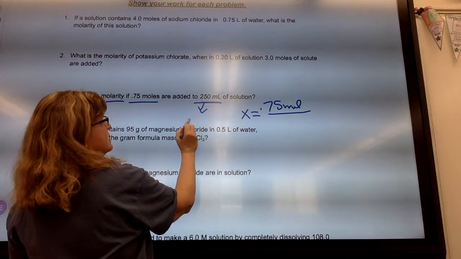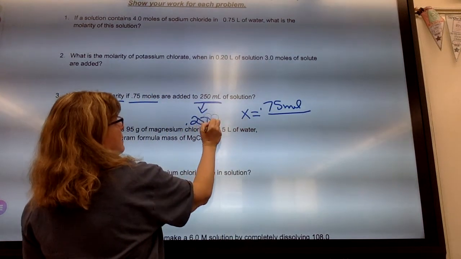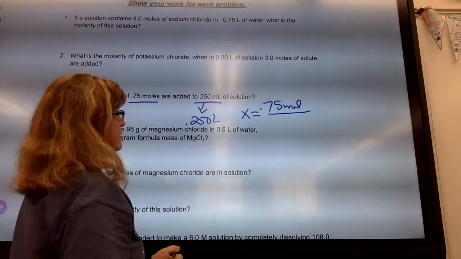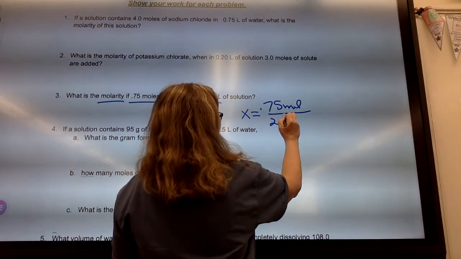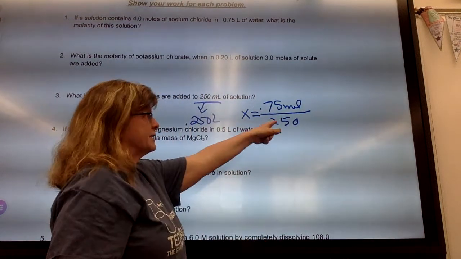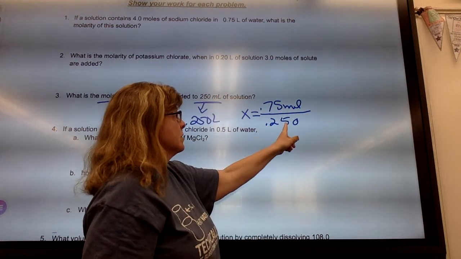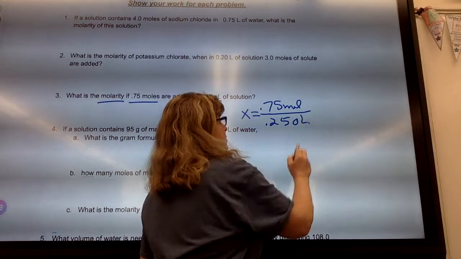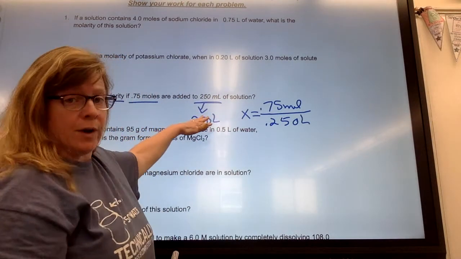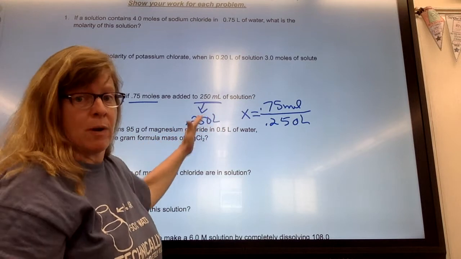You divide by 1,000 and you get 0.250. So that's a reason people are getting this wrong. So again, numerical setup, really important. 0.75 moles, 0.250 liters. And then you just divide. So converting, right? You have to read the problem correctly.